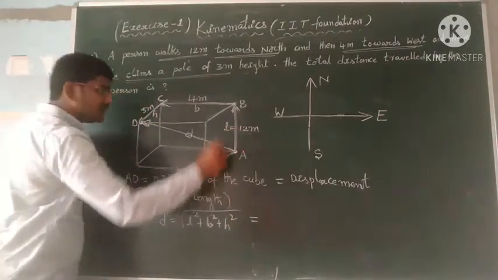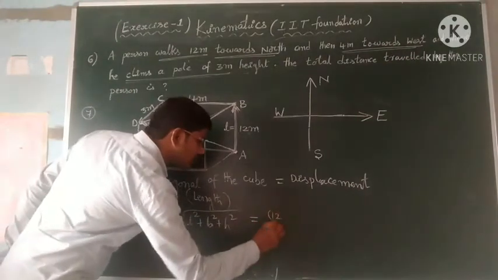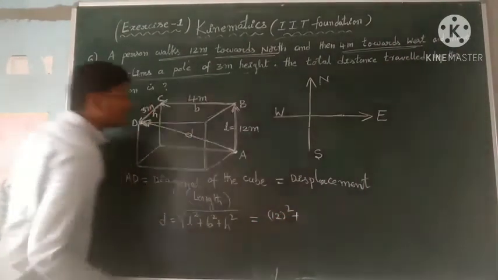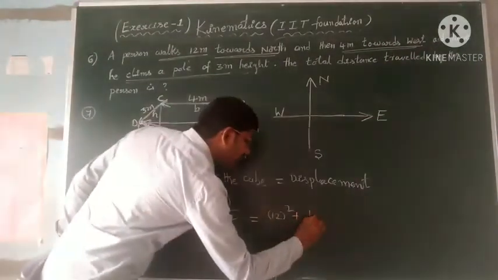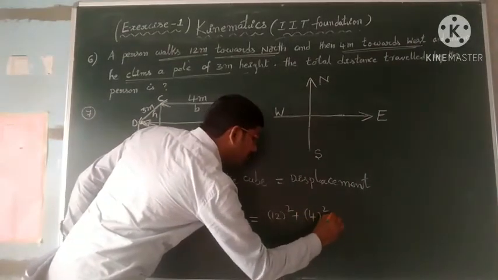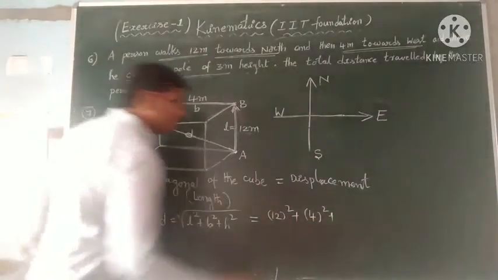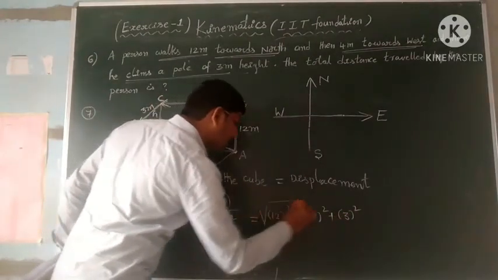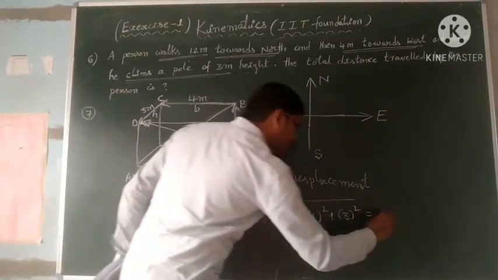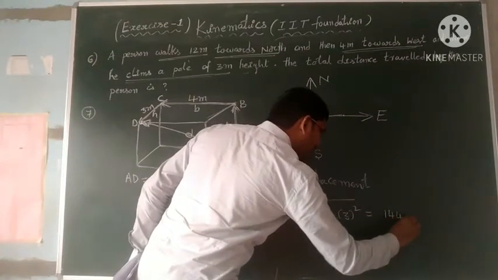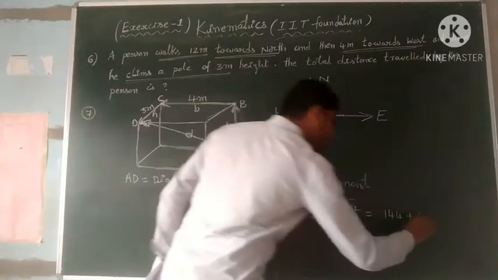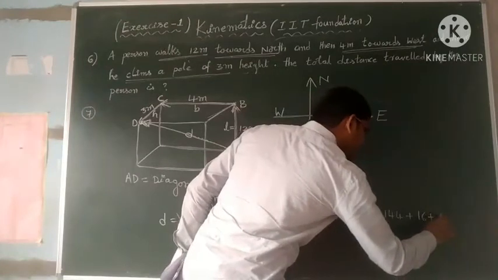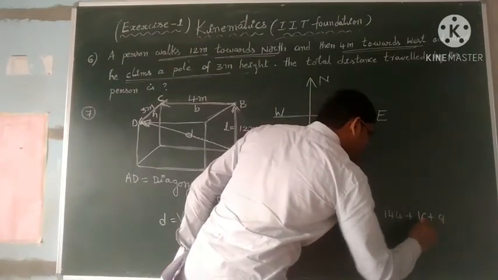So L squared means we have 12 squared, plus B squared means 4 squared, plus H squared means 3 squared. So under the root, 12 squared means 144, plus 4 squared means 16, plus 3 squared means 9.